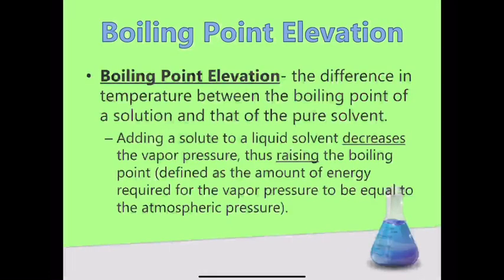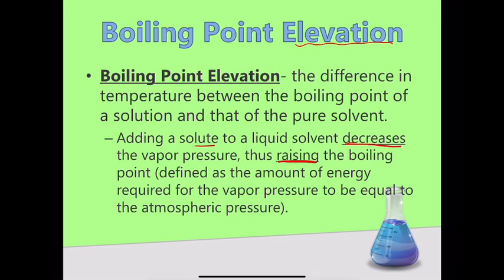The next colligative property that we're going to talk about is boiling point elevation. Adding a solute to a liquid solvent is going to decrease the vapor pressure, as we just said, which in turn raises, hence the term elevation, the boiling point, okay?